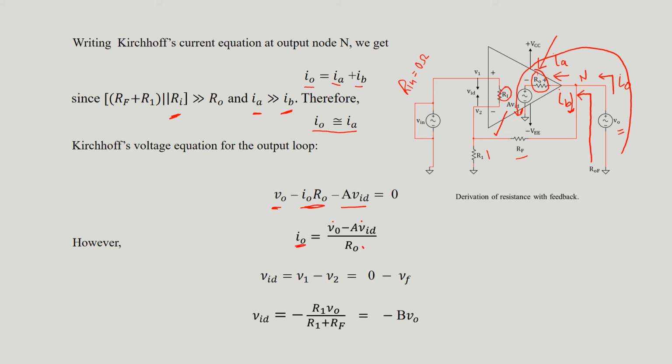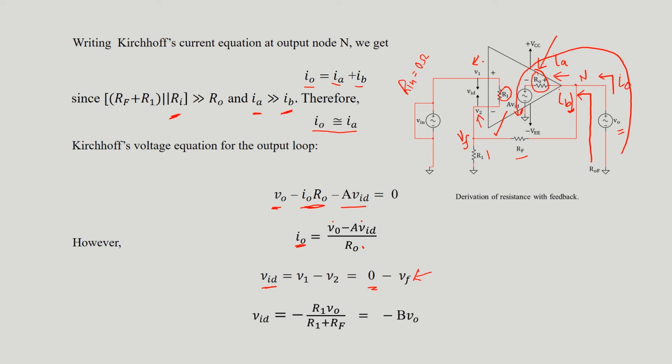However, we also know VID, the input to the differential amplifier, is equal to V1 minus V2, and here V1 is 0 and V2 is VF, the output voltage of the feedback loop.